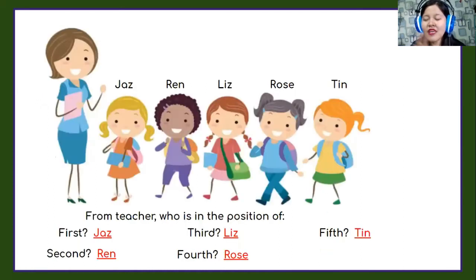From here in the picture, who do you think is the point of reference? The point of reference is teacher. From her, the order in a line is shown, in which Jazz is the first, Ren is the second, Liz is the third, Rose is the fourth, and Tin is the fifth.